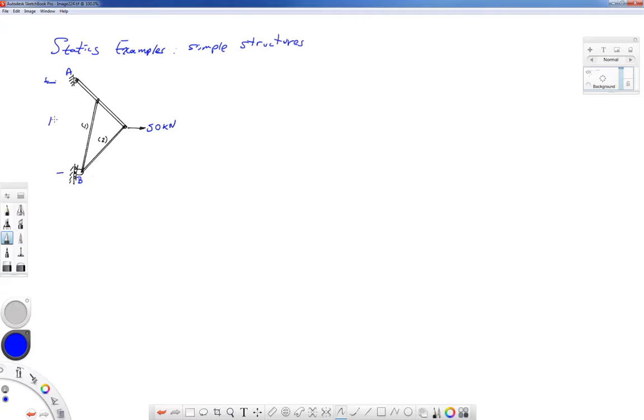Maybe this is 10 meters from there to there, 7 meters from here to here, 8 meters from there to there, and let's say 4 meters and 4 meters over this way.